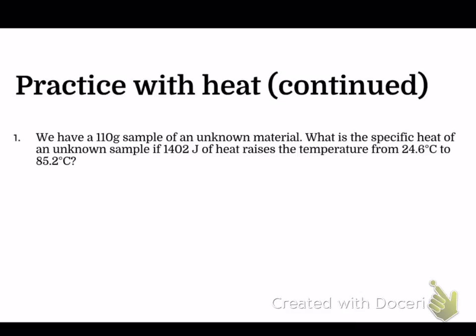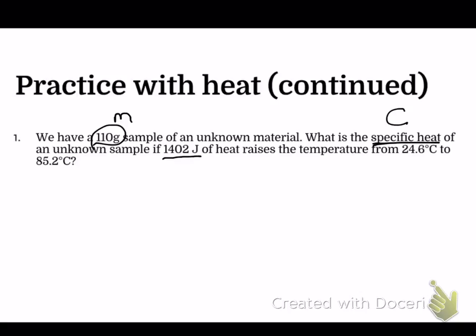Okay, so here we have a different kind of problem. It says we have 110 grams, so there's my mass. And what is the specific heat? So here we're looking for the variable C or S, depending on which one you like to write. It says of an unknown sample, that's why we don't know what the C is, because we don't know what it is.